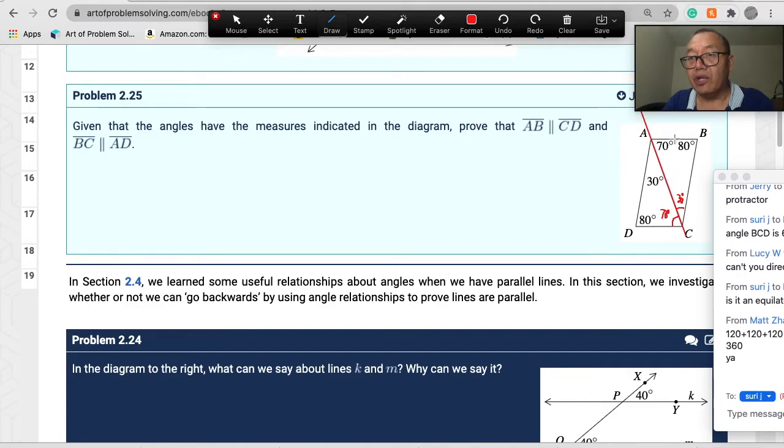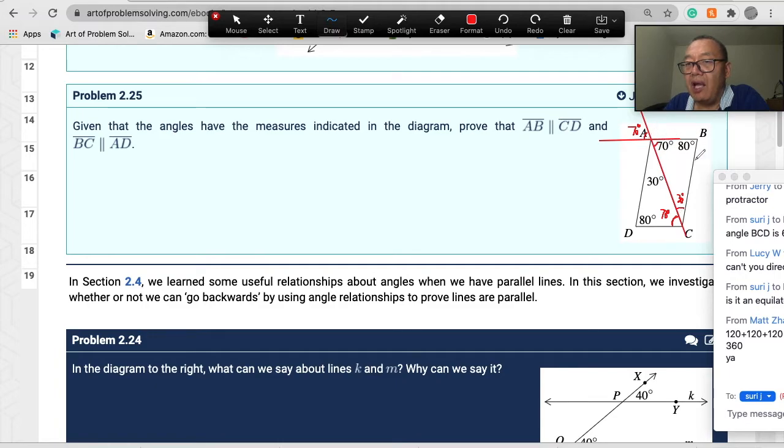Then I also extended this line AB this way. Now let's see. This angle will equal this angle because they are vertical angles. Vertical angles mean they have the same vertex but are opposite. So this angle equals 70 degrees. So this angle is corresponding with this angle. They are both equal 70 degrees.